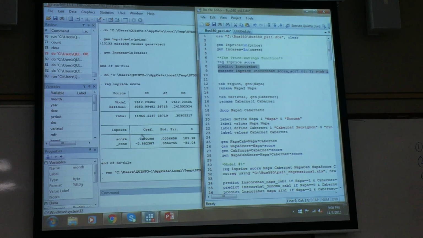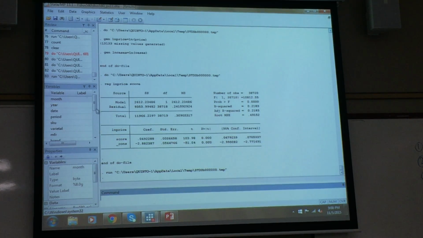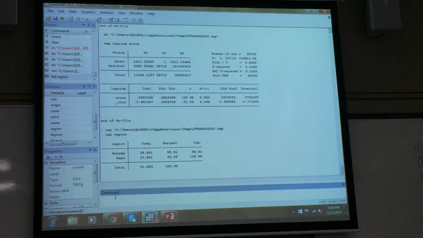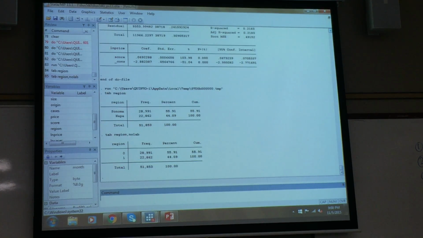If we tab region, you can see we only have 2 regions. So the data set's already restricted, no lag. And it looks like it's a dummy: 1 if you're Napa, and 0 if you're Sonoma.